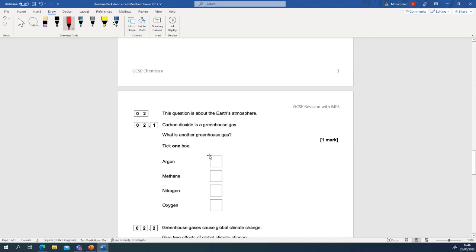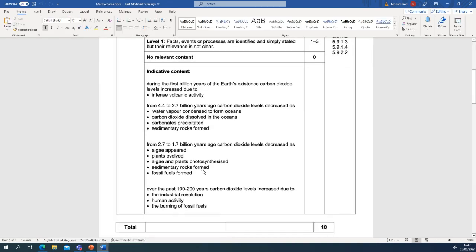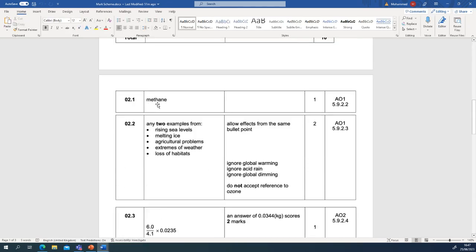Now here again, simple multiple choice, another greenhouse gas. We've looked at specific ones. It says tick 1 box. Now the greenhouse gas that examiners are looking for is methane.